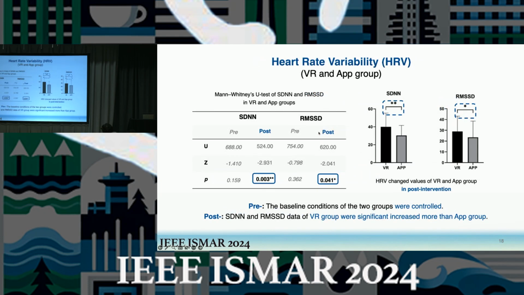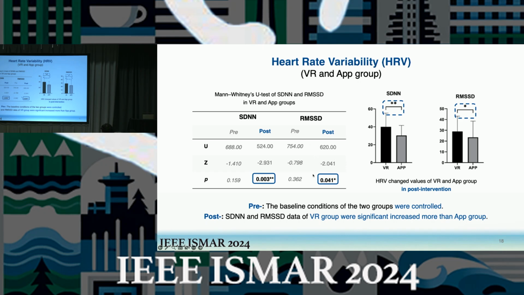And in terms of SDNN and RMSSD data of HRV, when comparing the values in pre-intervention conditions, there was no significant difference between the VR and app groups, which means the baseline conditions of the 2 groups are well controlled.